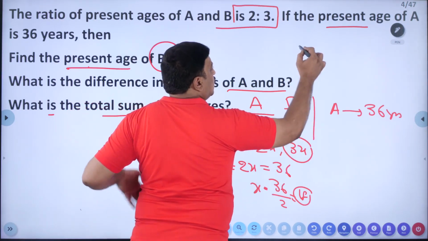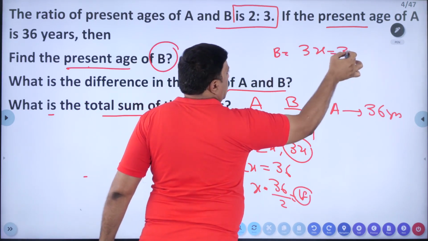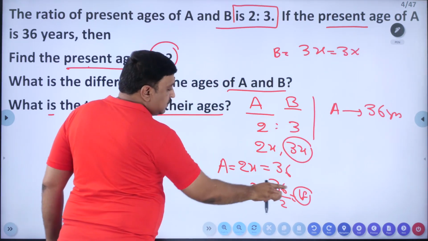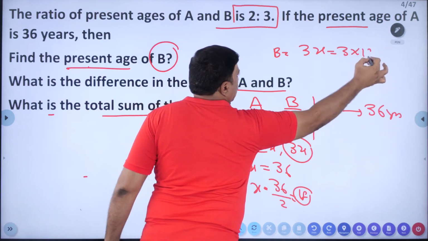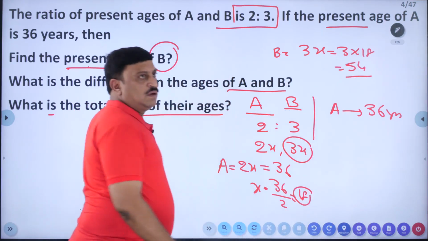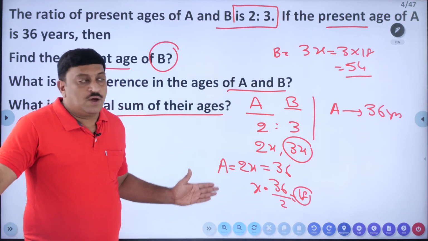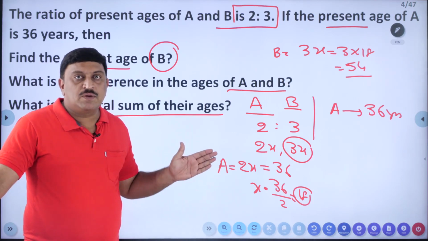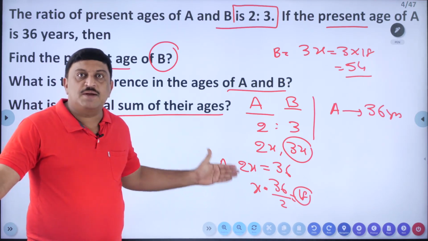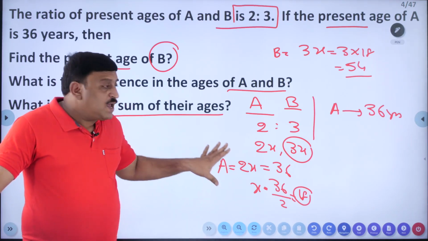So 3 into 18, you will get 54 years. This is what we have done in our early days. If you do the same thing in your exam, definitely you will get the answer, but you won't get the jobs. Okay, so I am making this clear.